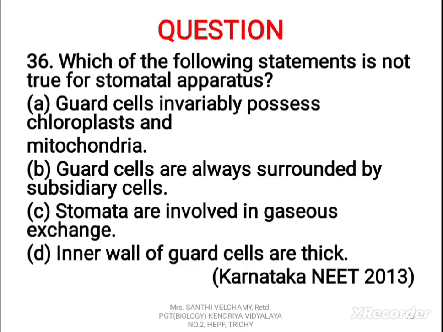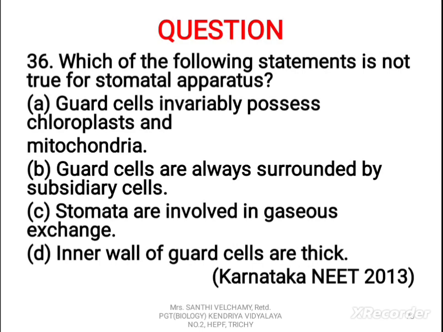Next one. Which of the following statements is not true for stomatal apparatus? A. Guard cells invariably possess chloroplasts and mitochondria. B. Guard cells are always surrounded by subsidiary cells. C. Stomata are involved in gaseous exchange.